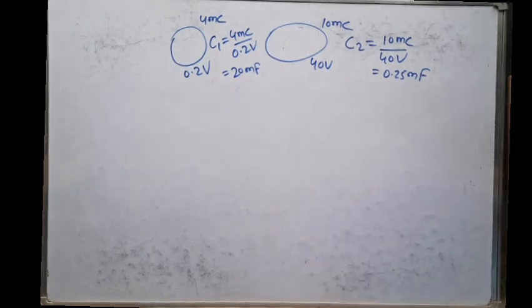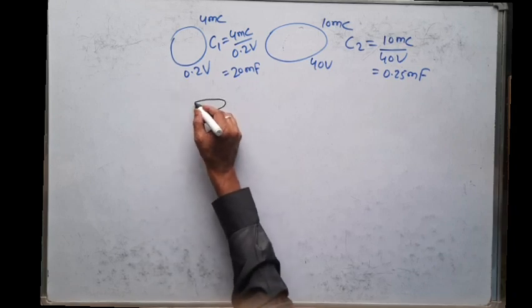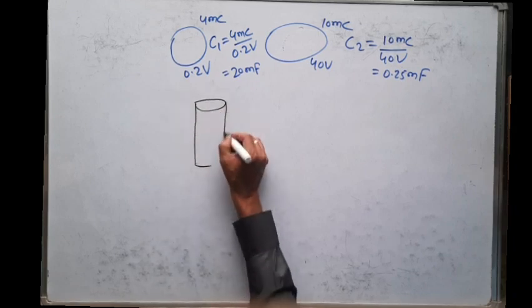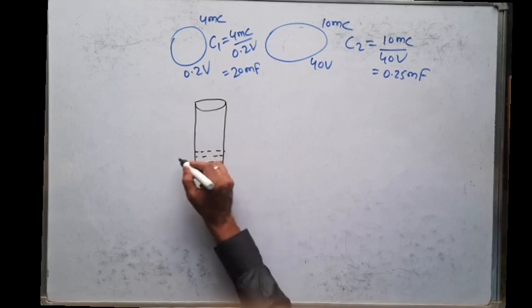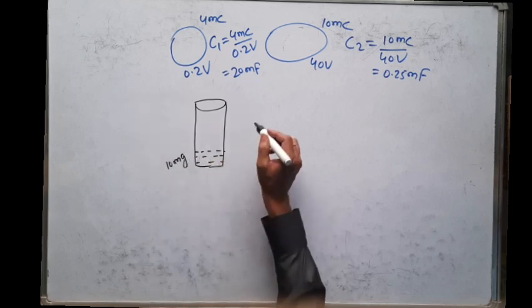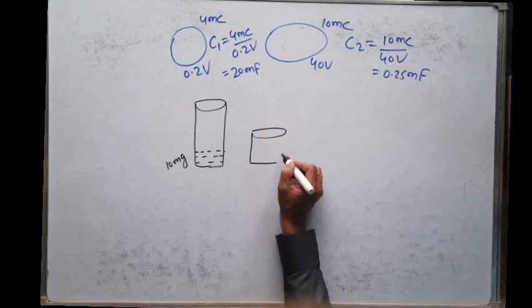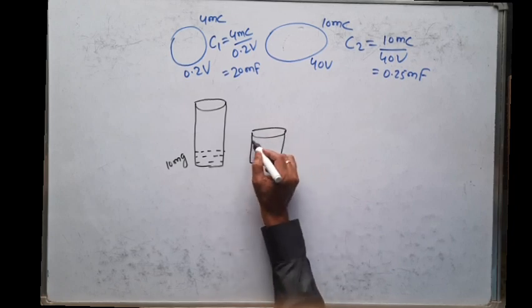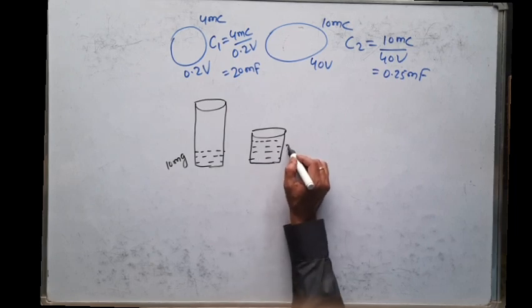Now one interesting point: suppose this is a glass. Here this glass contains, let us say, 10 milligram of water. Now I am taking another glass which is full of water, let us say 20 milligram.